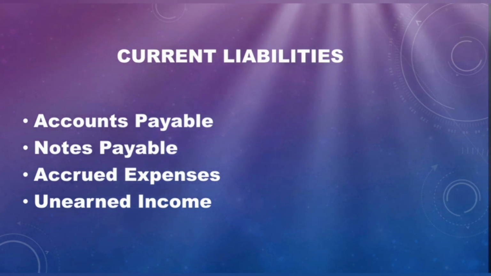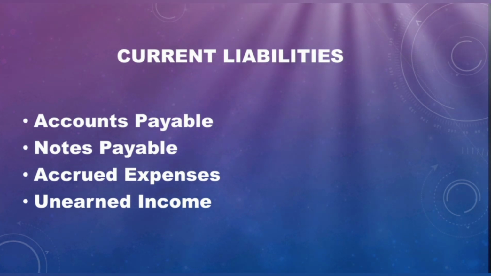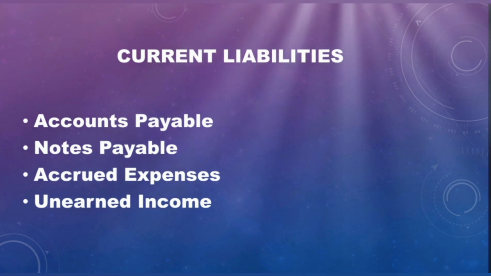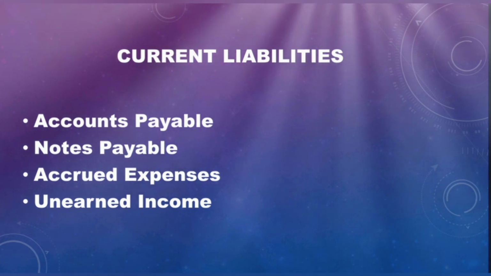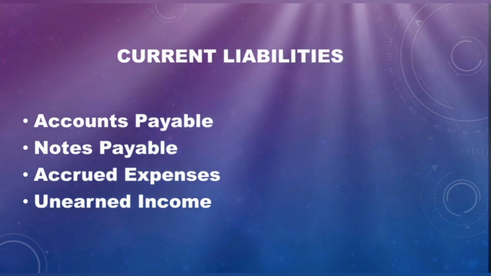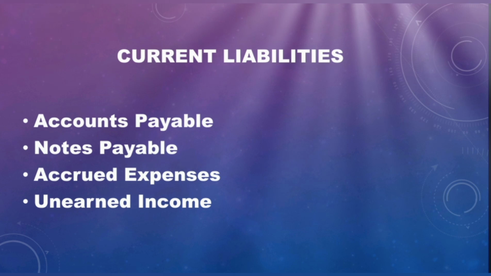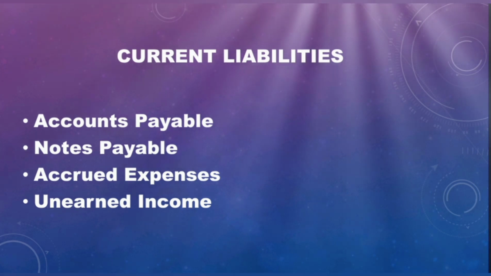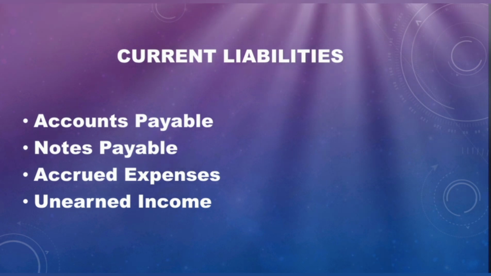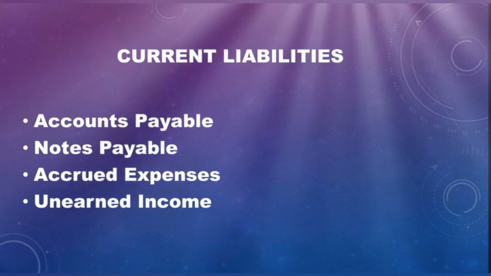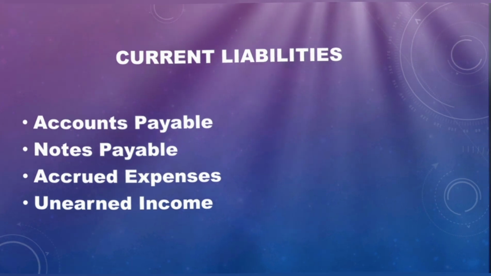Accrued expenses are expenses that are incurred but not yet paid, for example, salaries payable and taxes payable. Next, unearned income is cash collected in advance. The liability is the service to be performed or goods to be delivered in the future. So those accounts belong to current liabilities.